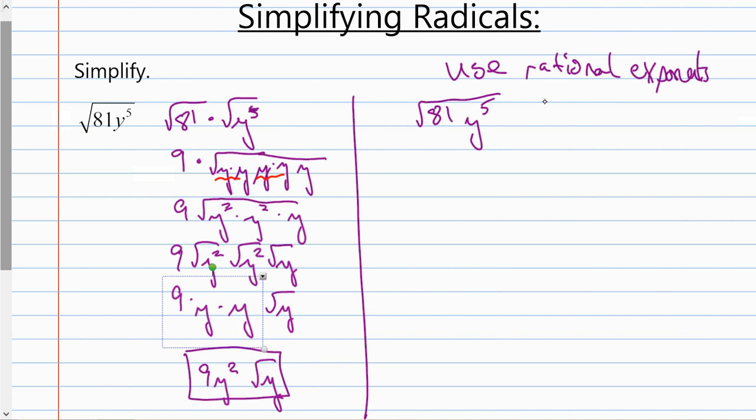The square root of 81y to the 5th. First step would be the same. Break it into your square root of 81 times the square root of y to the 5th. And you can even still just turn this into a 9 if you'd like, but I would like to write this y to the 5th as my rational exponent. So this is y to the 5/2 power.